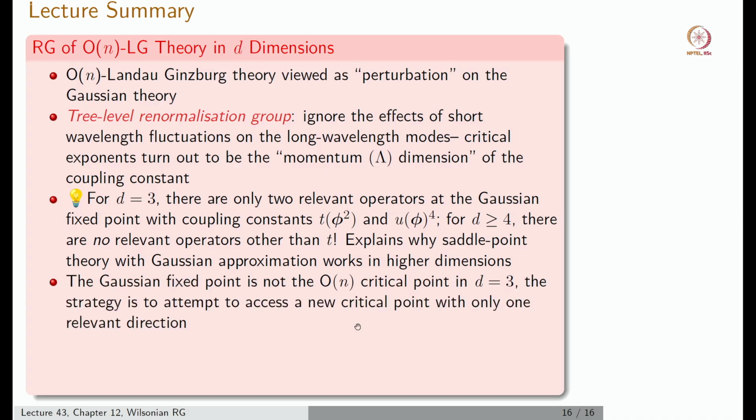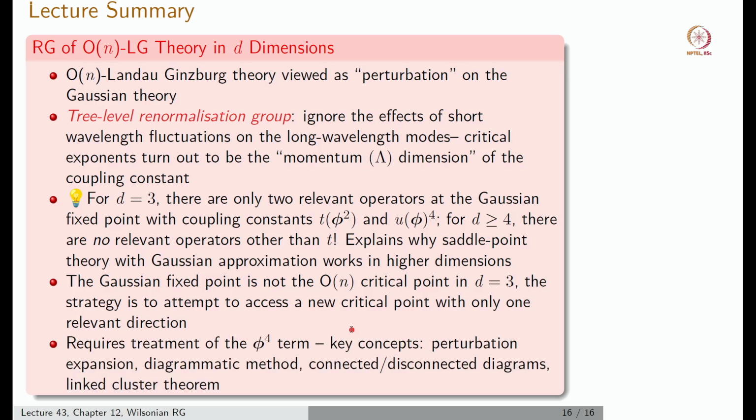So we also now understand that the Gaussian fixed point in d equal to 3 is not the candidate fixed point for the O(N) symmetric critical point, because there are two relevant operators there, but we know that the O(N) symmetric critical point should have only one relevant operator. We certainly know that for O(1), which is the Ising model, based on laboratory experiments.